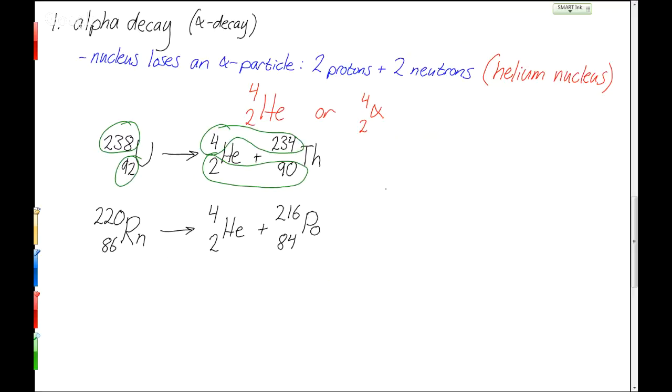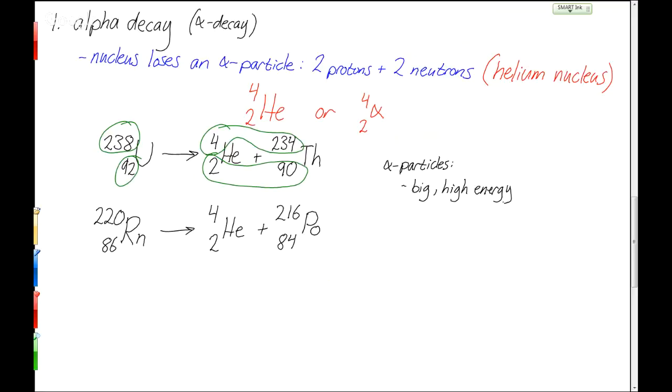But characteristics of alpha particles. They're big, not like on our scale. You can't see them, obviously. They're a tiny helium nucleus. But on the scale of really small, high-energy particles, these are big ones, which means when they hit things, they can do some damage.